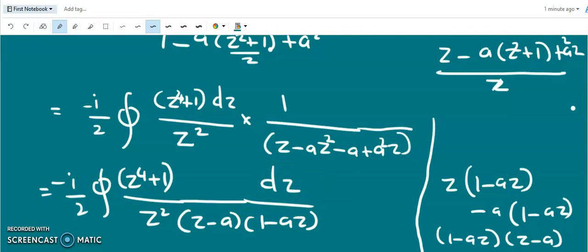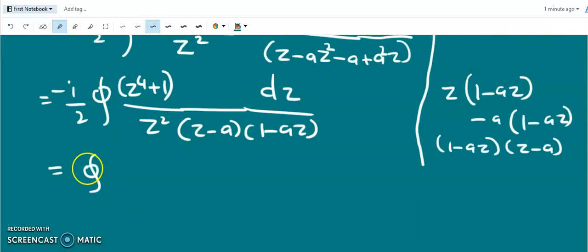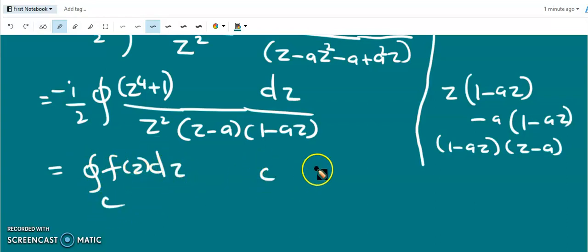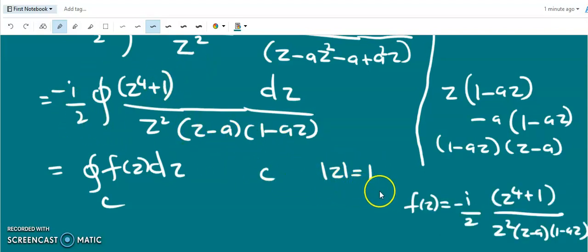Okay. Now this is written as closed integral f of z dz over c, where c is the contour, mod z equal to 1. So here the unit circle is the contour, and f of z is the function which is given by f of z is equal to minus i by 2 into z raised to 4 plus 1 divided by z square into z minus a into 1 minus a z.